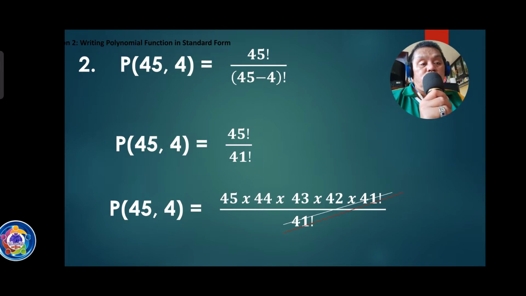So you are going to cancel 41 factorial and 41 factorial.